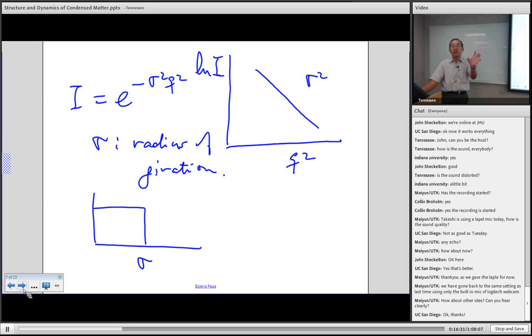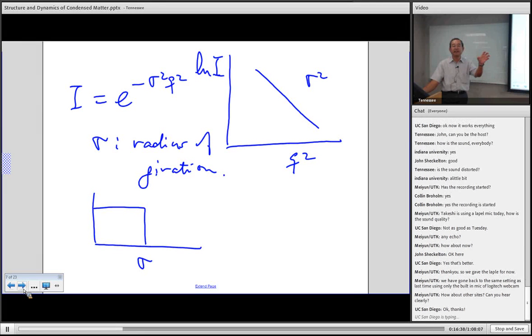You have a solid object like some tiny nano-sized metal. The density is constant inside, and beyond this radius there's nothing.